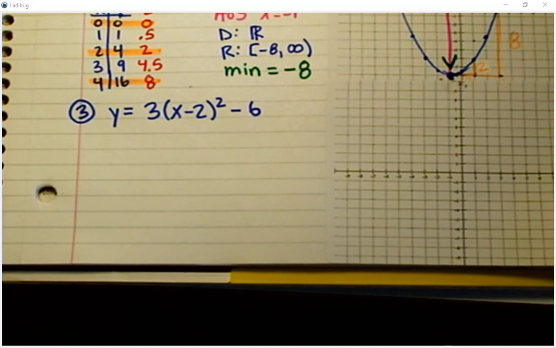Times by 3 times that. I can't draw the U's. Square it and then you multiply it. Yes, 12.